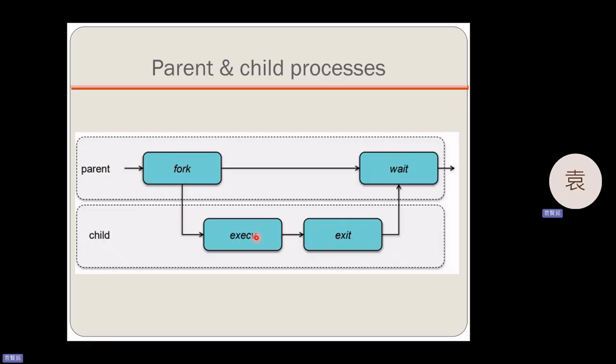Then after the child process was created and identified as running in the code segment of the child, the exec system call can be used to load the predefined reconfigurable code segment into this child process, to occupy the text part of this program.